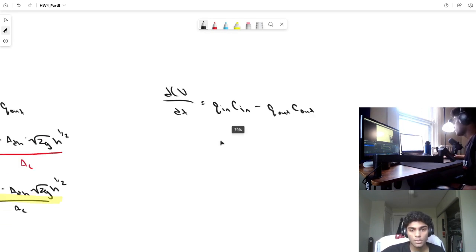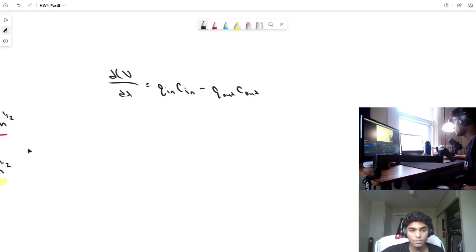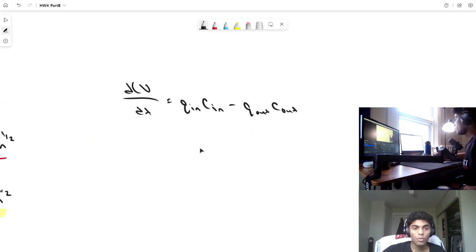So we can start plugging some things in. Now, we know that when we talk about volume, we're essentially talking about the cross-sectional area times the height. However, the cross-sectional area is a constant and the height is not. So we're going to rewrite this as A_C times d(CH)/dt.